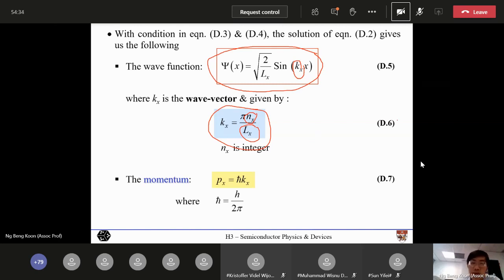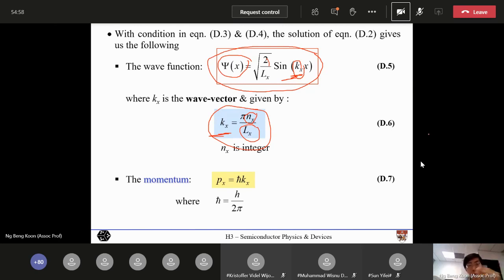And this wave vector, you can think of it as a vector direction for the electron. This n is some integer value, which means that k can take a range of integer-based values. This means that for the wave function, there can be many different solutions depending on the kx value, or depending on the nx value.